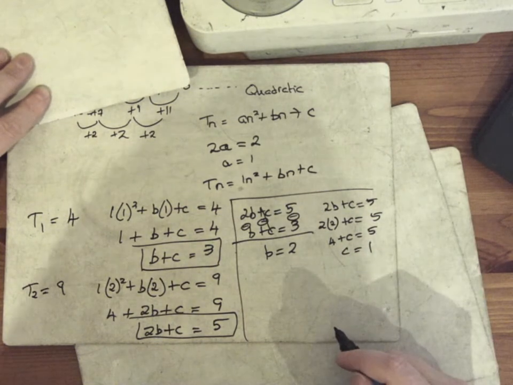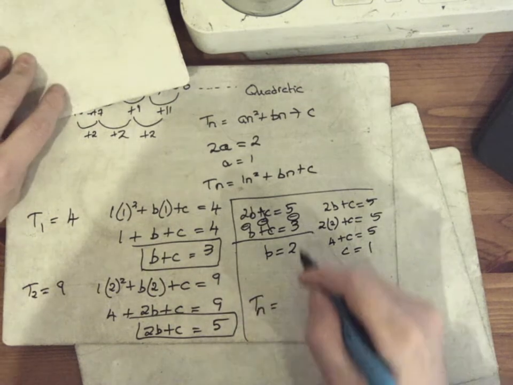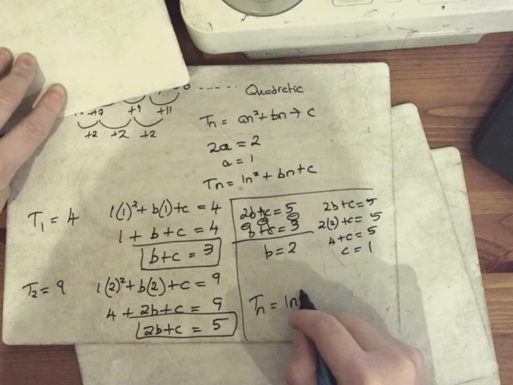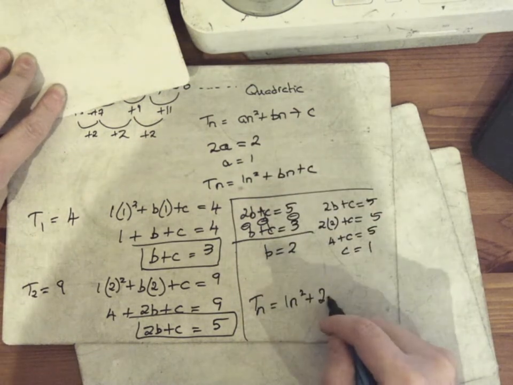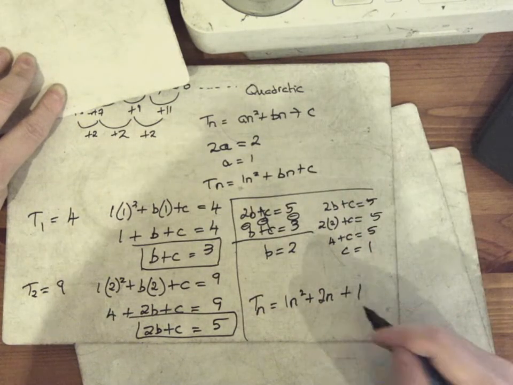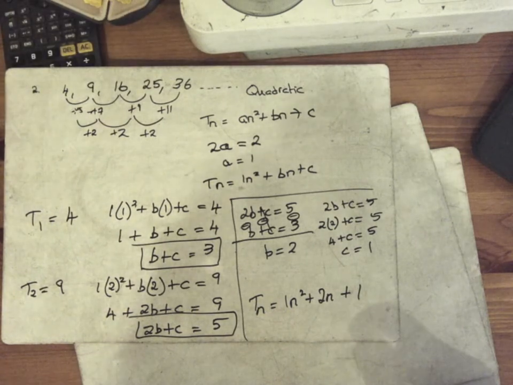So the question was find Tn. So Tn is equal to an squared, and a was 1, so it's 1n squared, plus bn, b turned out to be 2, so it's 2n, and it's plus c at the end, and c turned out to be 1, and that's my answer. Okay, so that's question 2.